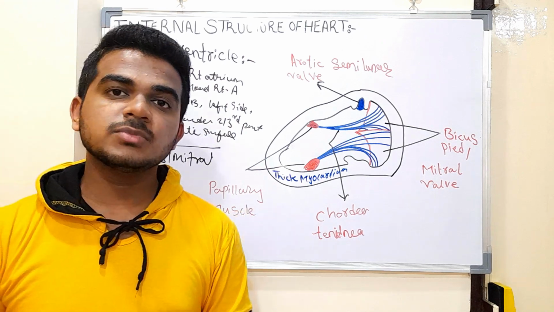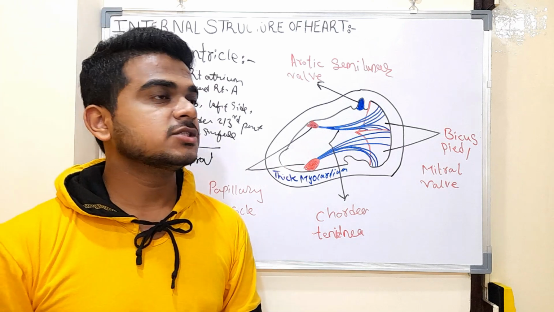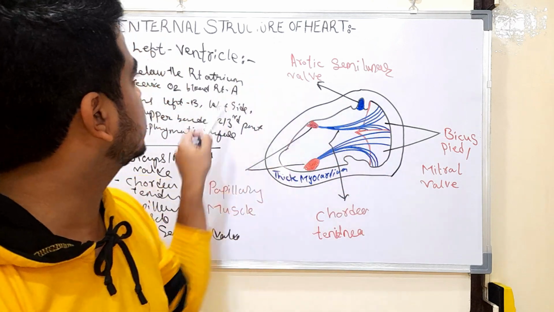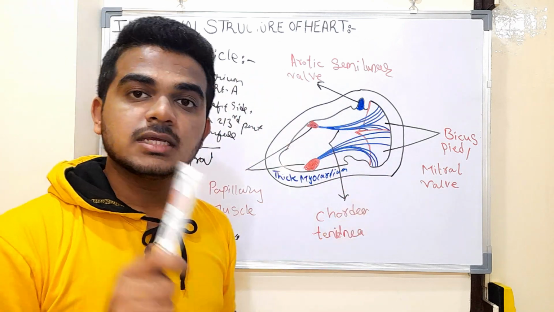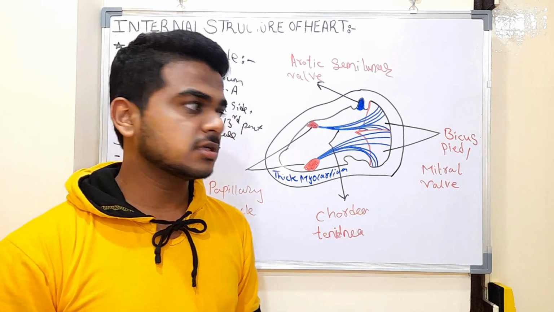Apart from this, you have to mention that the thickness of the left ventricle is 3 times thicker than the right ventricle. Why is it 3 times thicker?